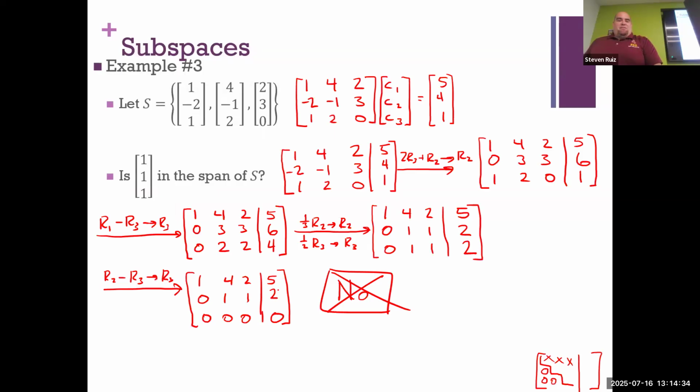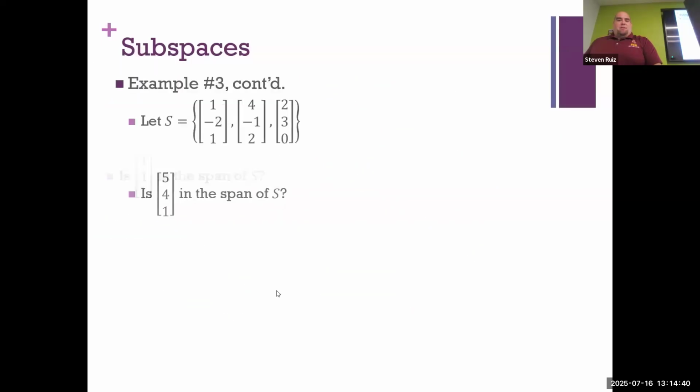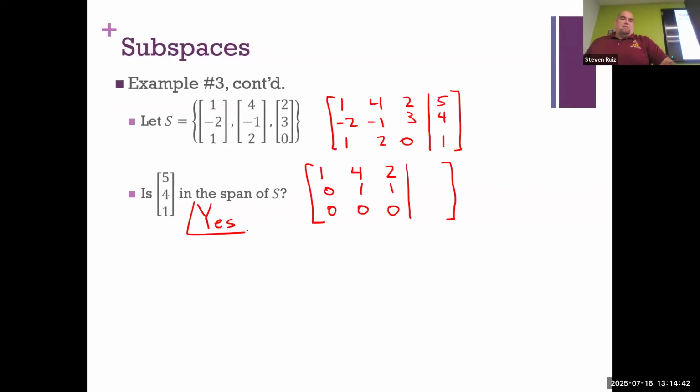Does it end up just being 5 of the first plus 2 of the second? I don't think it does. So we can't get any more information than that, but for now we can say yes, this does exist in the span.